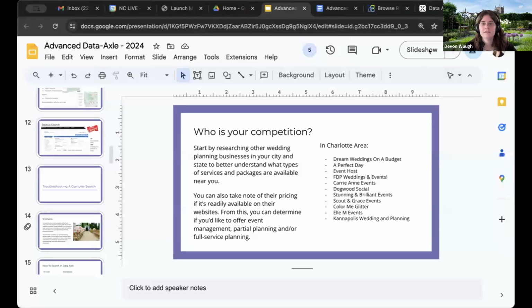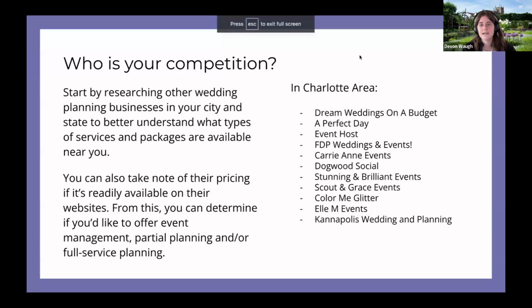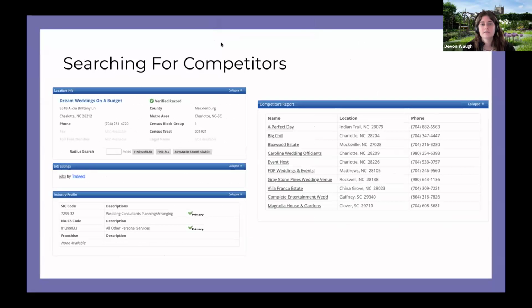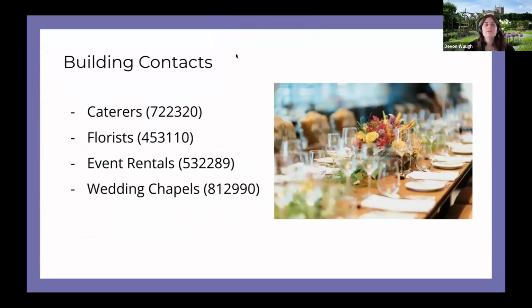I'm going to jump back into this example and show you a couple of other things to think about. So we talked about searching for competitors, why looking up those profiles is helpful, and then exporting them as needed. But also, with that, building contacts, coming up with a list of caterers, florists, event rentals.